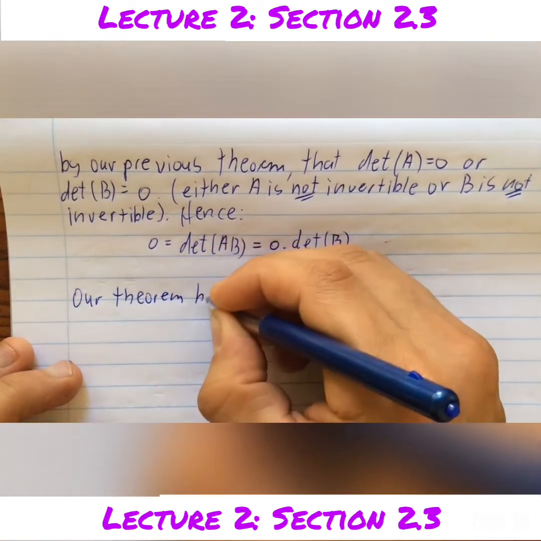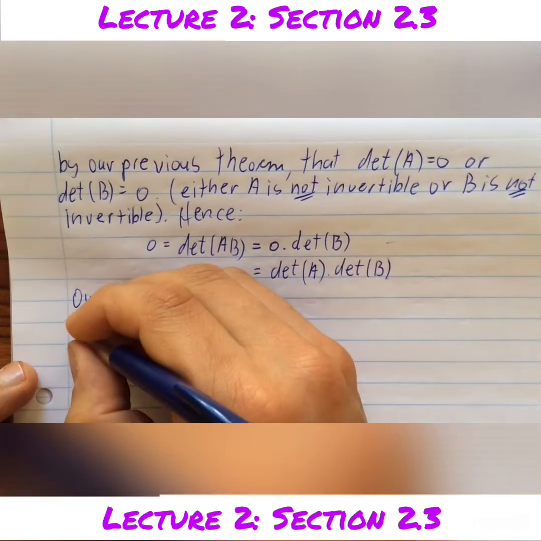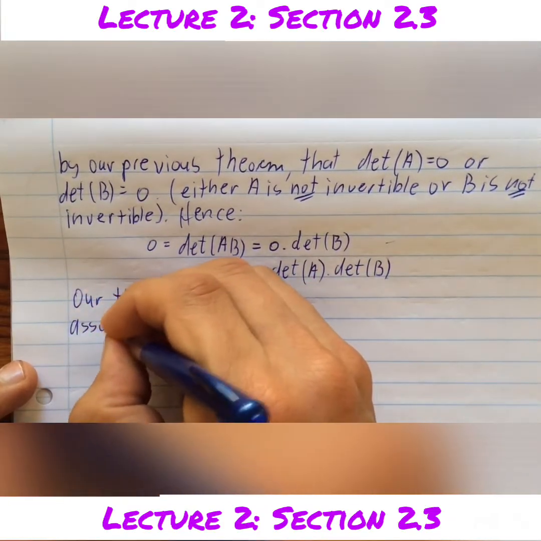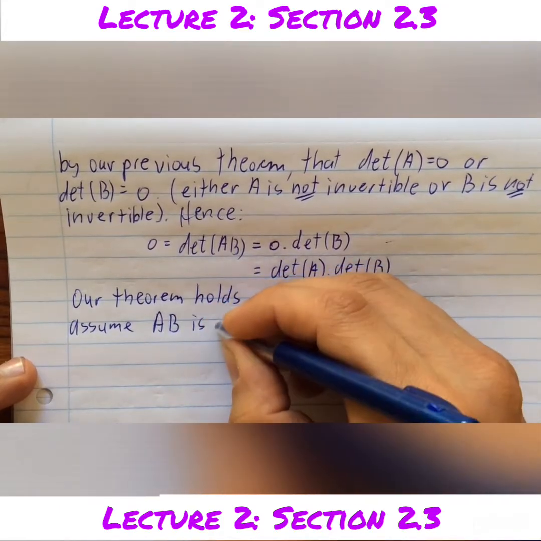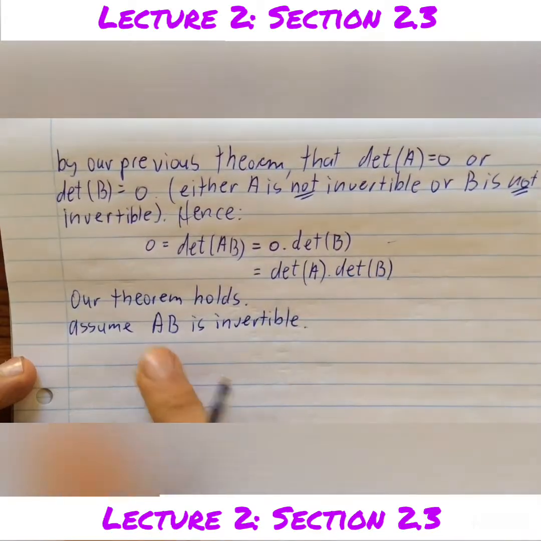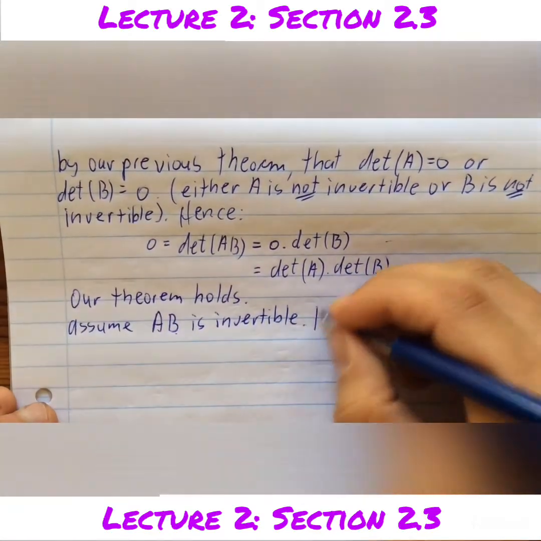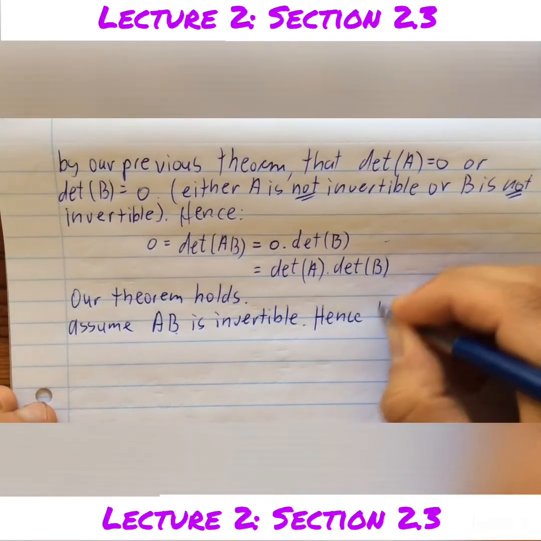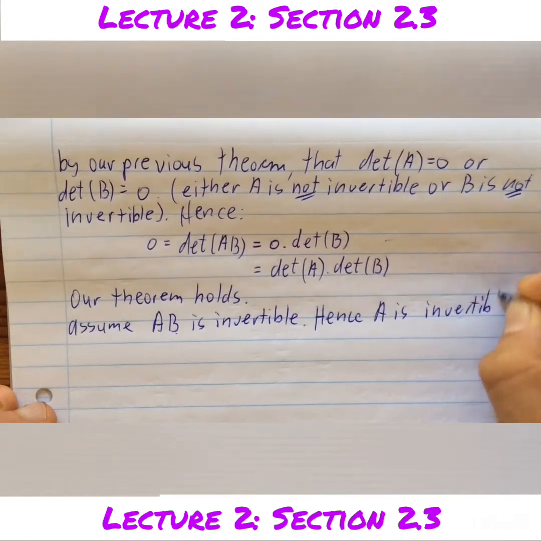So now we need to consider the second case, and that is where A times B is invertible. So assume A times B is invertible. Now, by our previous theorem, because the product is invertible, it means that both A and B are invertible. So hence A is invertible.